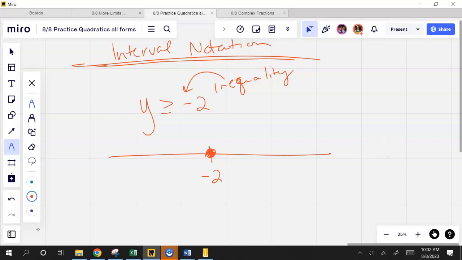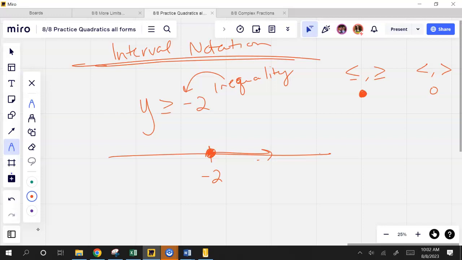So anytime I have that line under here, that's a closed dot, as opposed to this being an open dot, right? And then we set an arrow. Which way does the arrow go? Why is it to the right? Greater than. Which way do the numbers get greater? Well, to the right, because this goes up this way to the right, right?